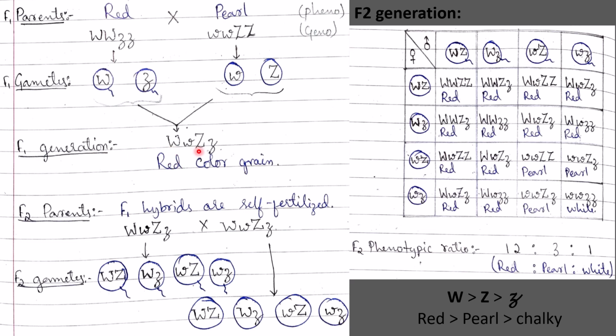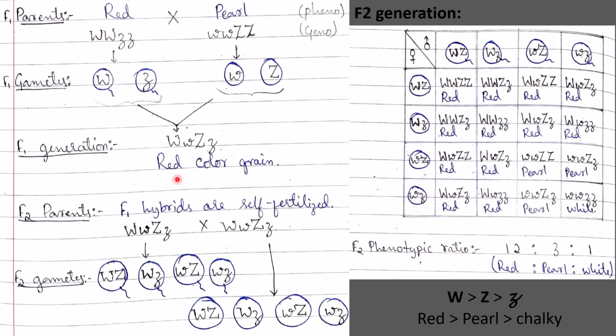So here both of them are present, that is dominant W is also present, dominant Z is also present. But depending on the analysis we did, W is more dominant than the pearl. So the hybrid produces the grain color red here. Irrespective of the presence of this particular dominant gene Z, the F1 hybrid produces red colored grain.